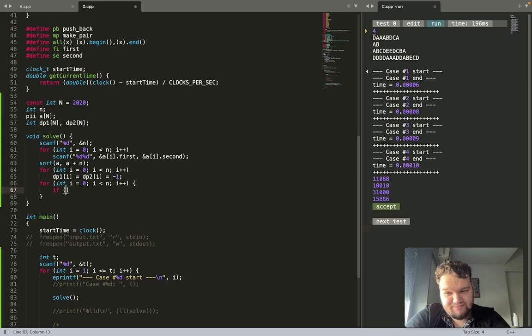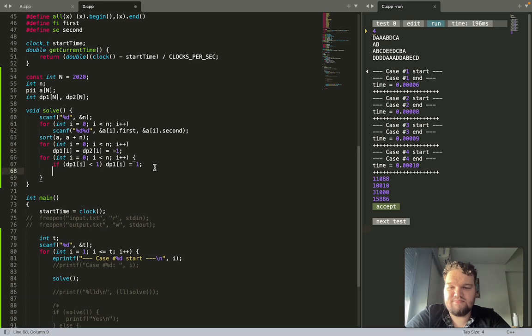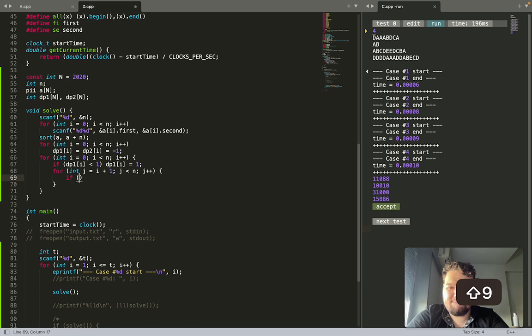And also, every time I can just take this segment as the first one. So I know that the segments are sorted by left border.